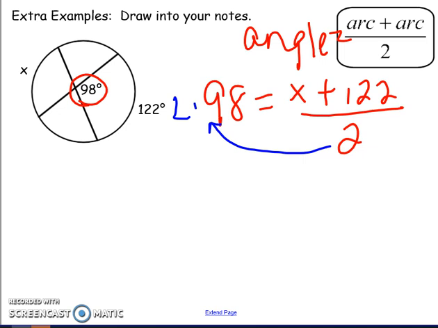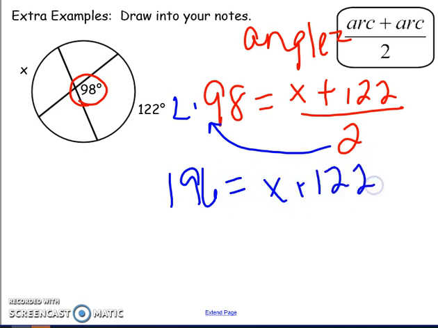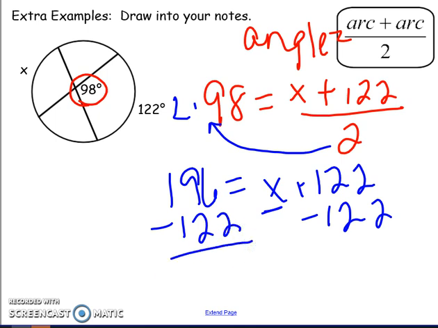So 98 times 2 is 196, and that leaves me x plus 122. To solve for x, I subtract 122, and that leaves me 74 degrees for x. So this arc over here would be 74. The 98 needs to be in between the 122 and the 74, which it is.